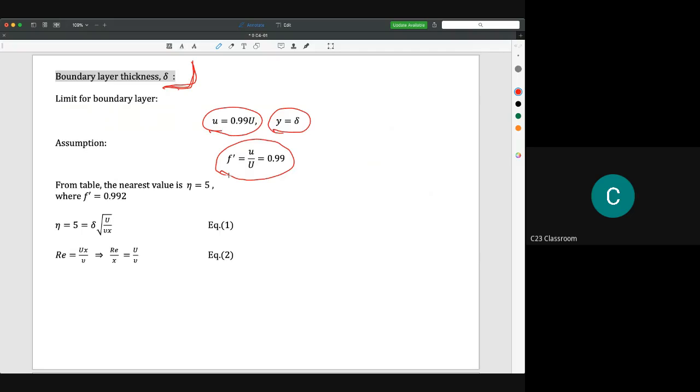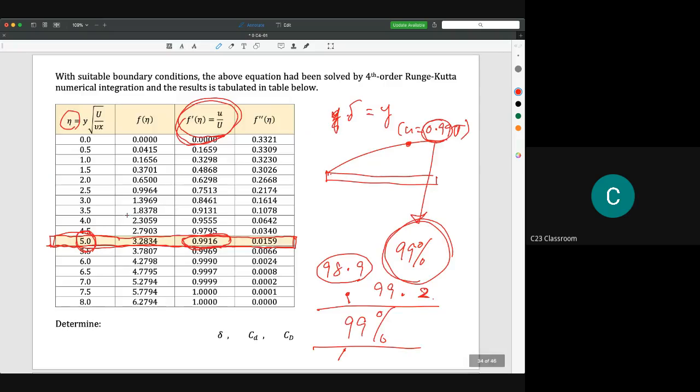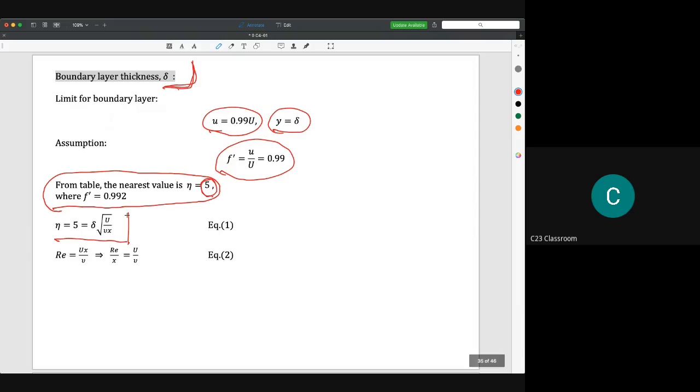From that row, we found that f prime is 0.992, where eta is equal to 5. Now we take the value of 5 here. So we say that eta is equal to 5 and eta is equal to delta. Okay, so we take this.